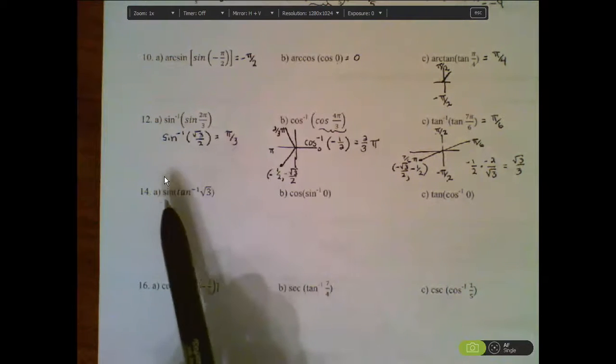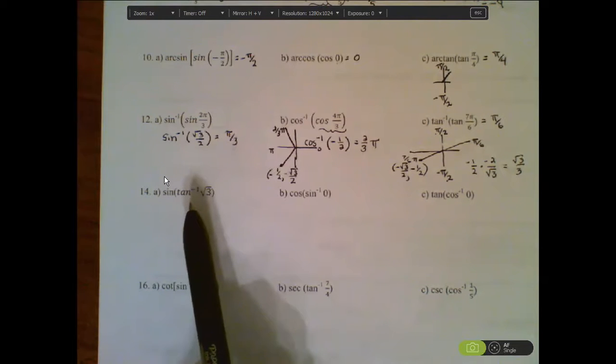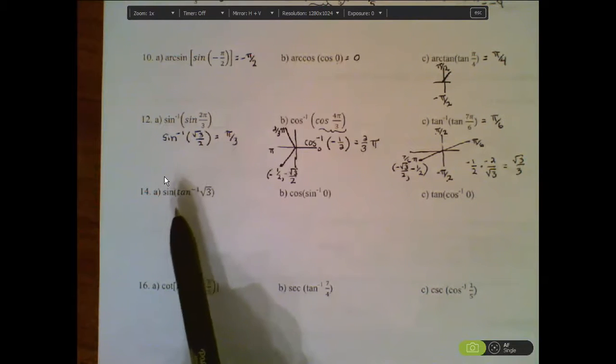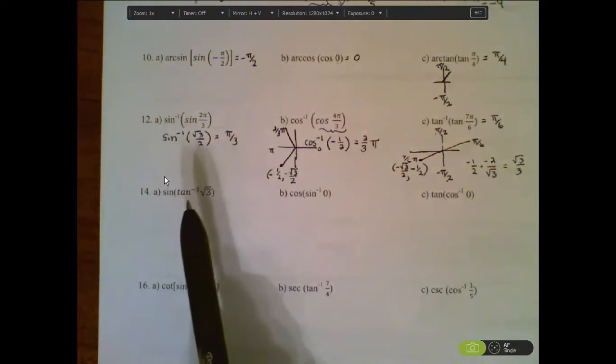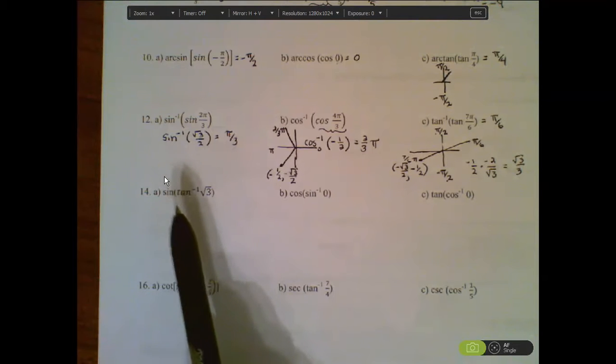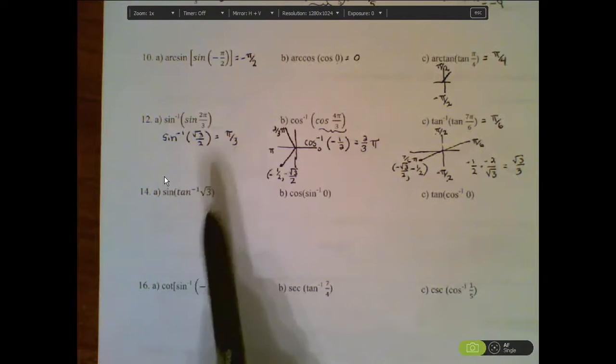Well, on number 14, we definitely cannot say sine and inverse tangent undo each other. They're not inverses of each other. So how could we evaluate sine of inverse tangent of square root of 3?